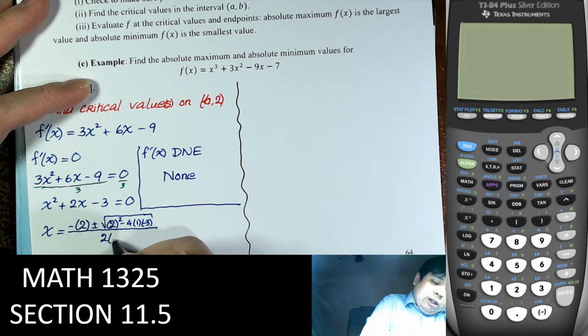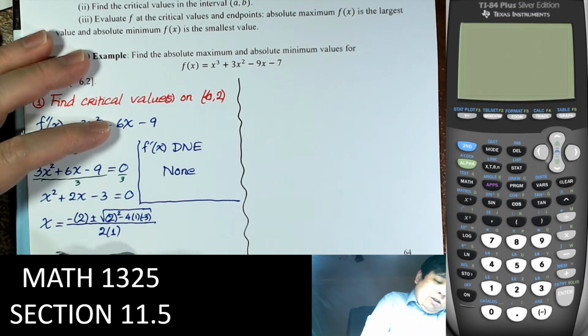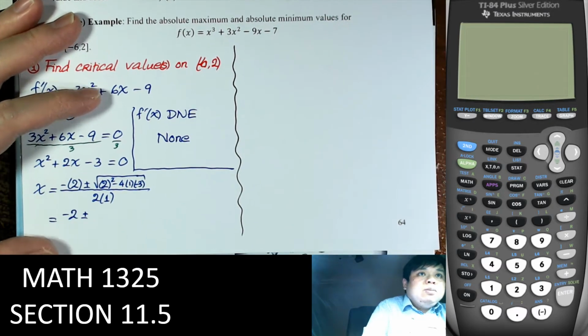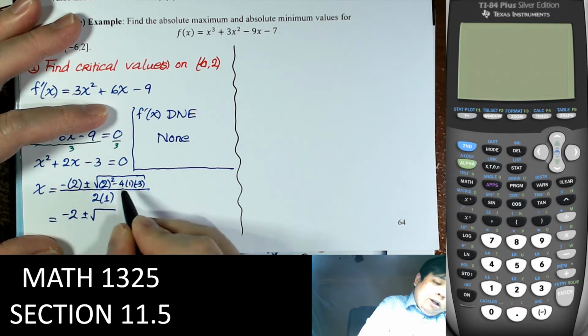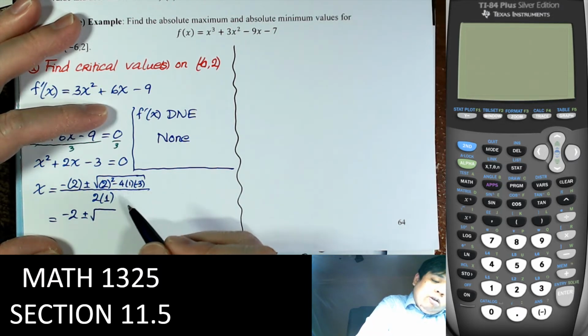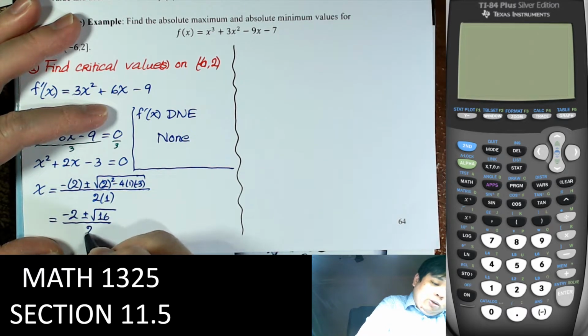Over 2a. Right. So that gives us -2 plus or minus the square root of 2 squared, 4 plus 12, that's 16, over 2.